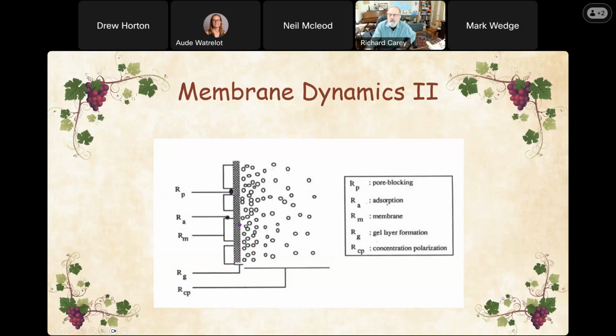And we're going to come back to the gel layer because that's something we have to talk about a little bit more. But then you have other parts of it, which is what we call the concentration polarization. As you get to more and more levels of concentration, you have particles interacting with one another in your wine as it goes through the membrane in getting to its final end.